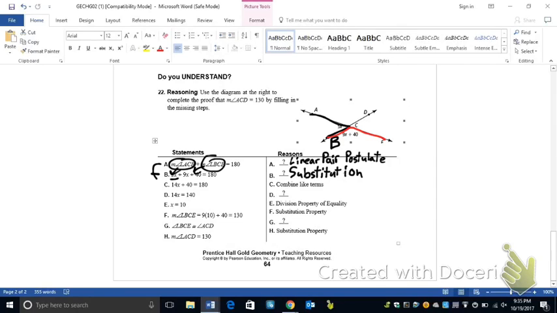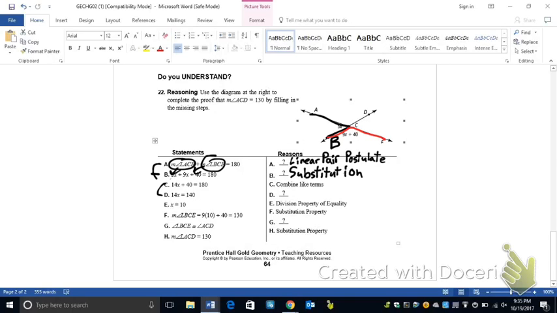So now we're going to look down. They do C for us, combining like terms, because what we did is we added 5x and 9x, and we got 14x. So now we're going from 14x plus 40 equals 180 to 14x equals 140. Well, what changed there? At first blush, you can see that that 40 disappeared.